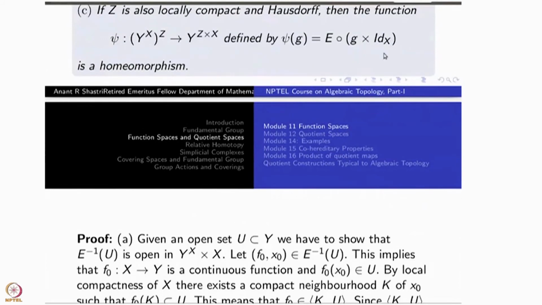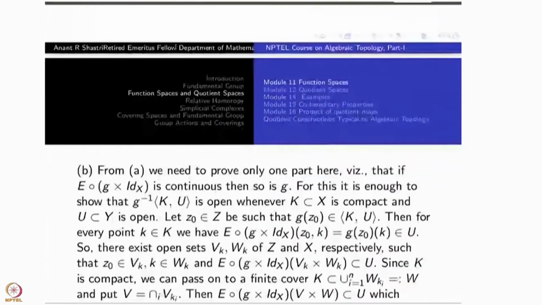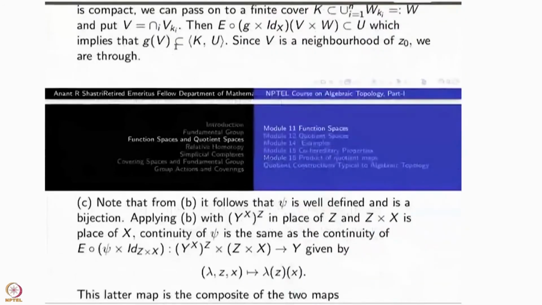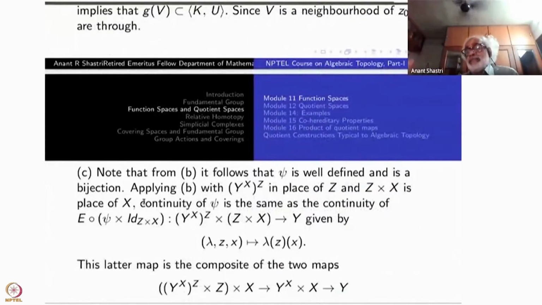But even the inverse is continuous. For that, we will need part B: it's well defined and its inverse is also well defined. That is what is important. It's well defined and it's a bijection.